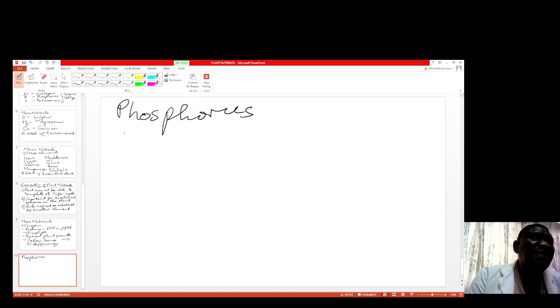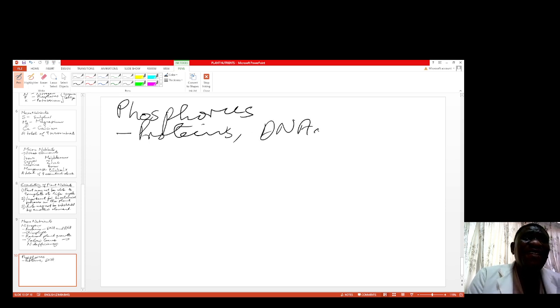Again, just like nitrogen, it's also required for proteins, lots of them, DNA and RNA. I think it's also important for membranes.